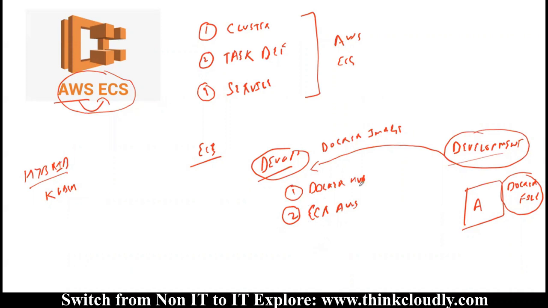So these are two registries, and always remember that mostly the Docker images are kept in either Docker Hub or ECR. Docker Hub is hub.docker.com, where you will find a lot of images.